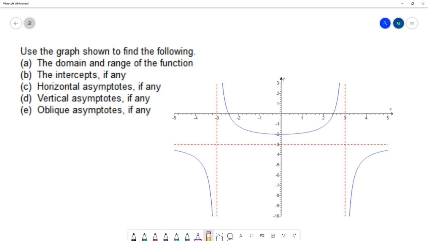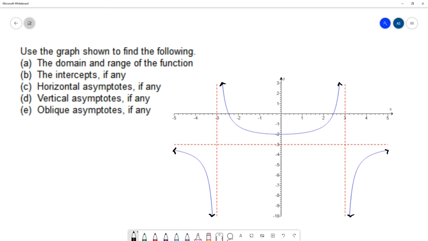for domain, we're going to assume that the ends of these graphs continue on. So we're pretending like they have arrows and the lines continue on. And the dashed lines that you see on the screen are the asymptotes.